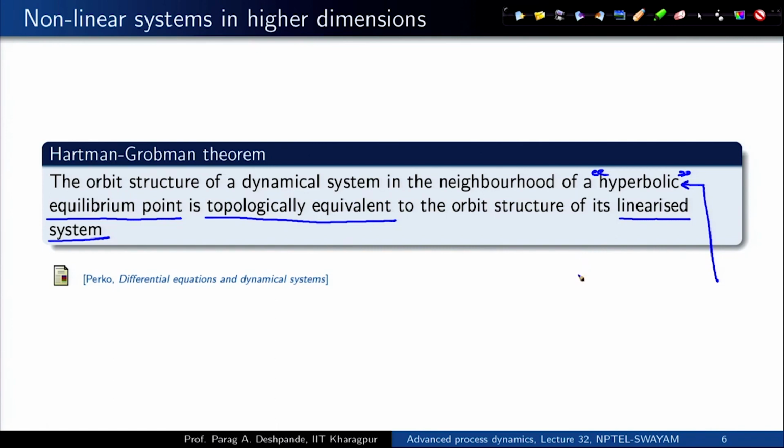Hyperbolic means no eigenvalue will be 0. This is important. If there is even one eigenvalue which is 0, or no eigenvalue will have 0 as the real part.